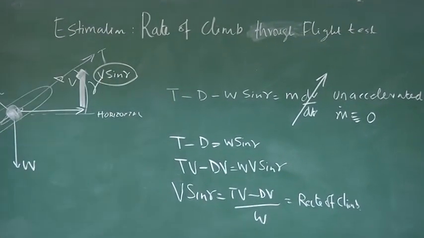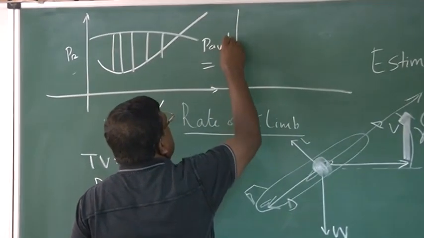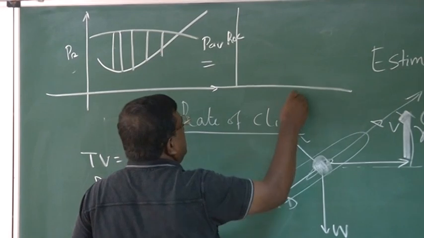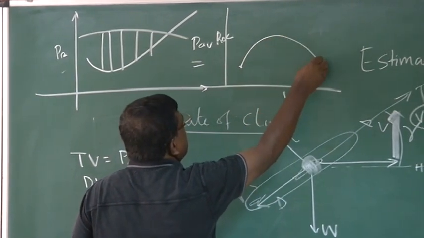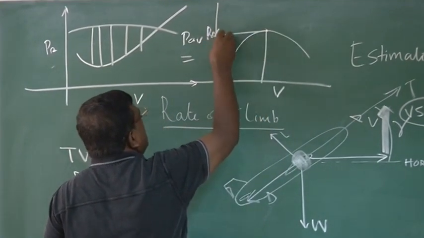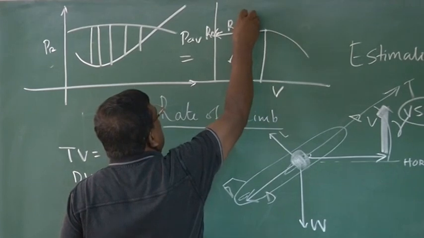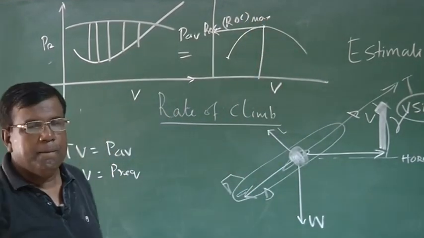So if I try to draw rate of climb versus speed, I will get something like this. So there is a velocity at which rate of climb is maximum. Okay?